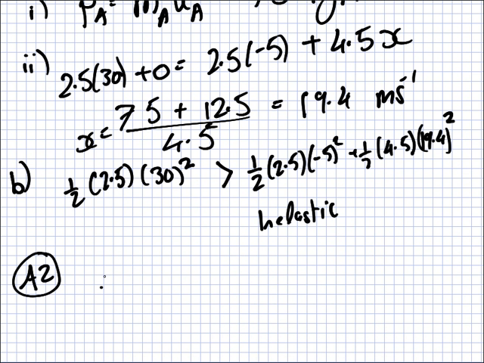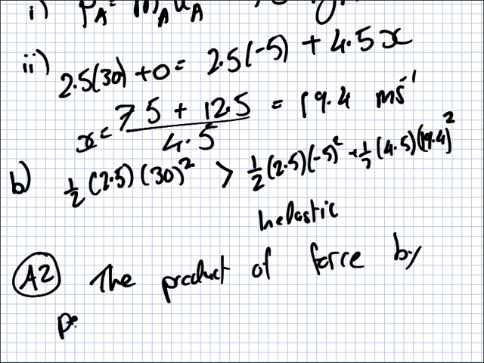Define the moment of a force. So the moment of the force is the force, let's be a bit more formal, the product of force by perpendicular distance to the turning point or pivot.